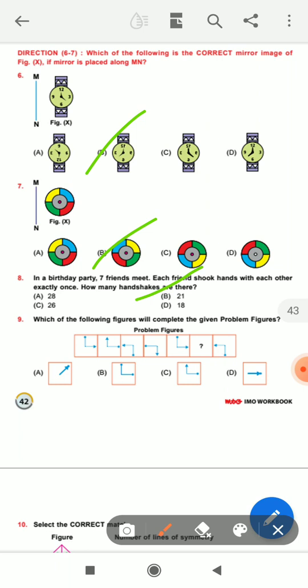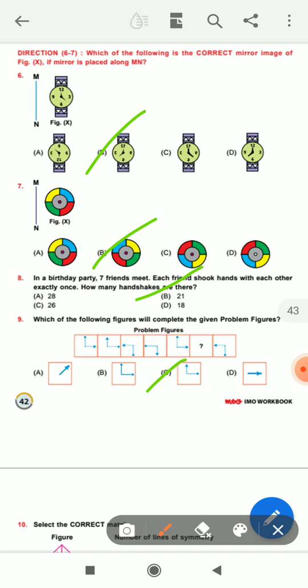Okay, student. Next question number 9. Which of the following figures will complete the given problem figure? Look at the picture. The pattern repeats after every 4 figures. So the answer is 9C.